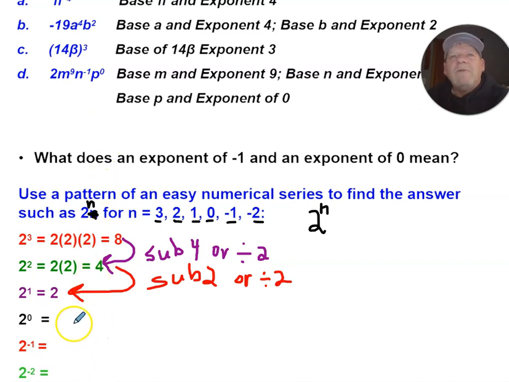So if I take and divide 2 by 2 to use that same pattern, what would that equal? 2 divided by 2 is 1. So that answer would be 1.